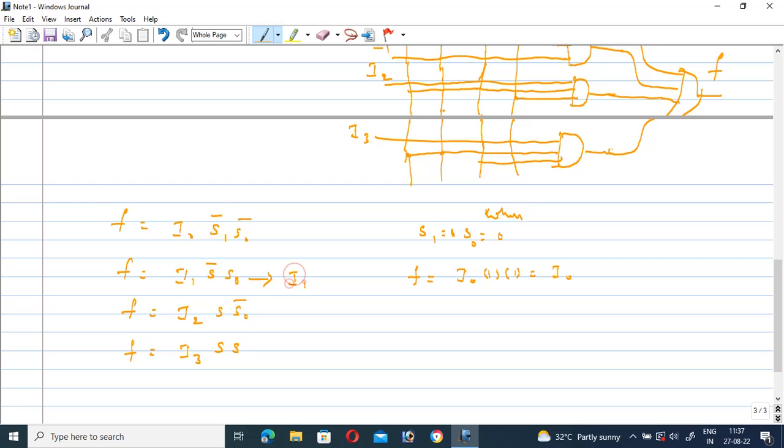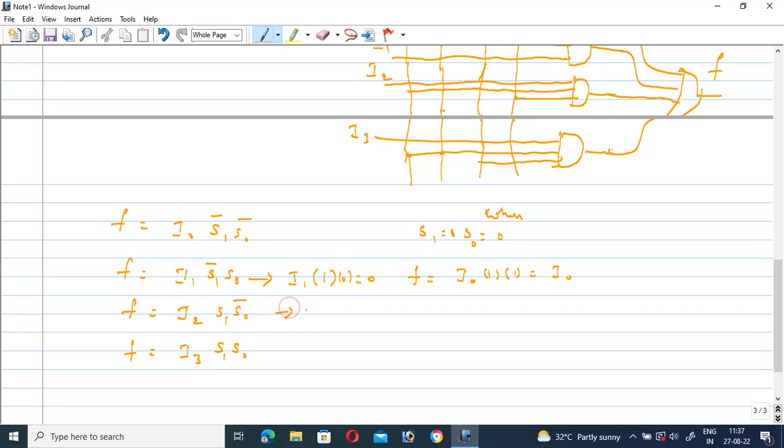So I1, S1 is equal to 0. Actually S1 bar means, wait a minute, I can represent it as this S1. So S1 bar means that it is the 1 value. S0 is equal to 0. Therefore, 1 into 0, this complete term is equal to 0.